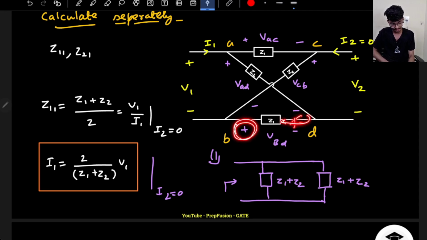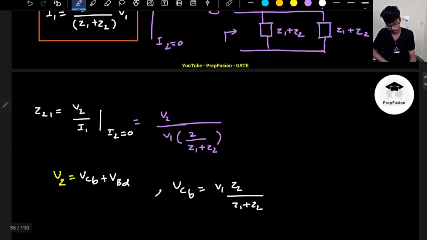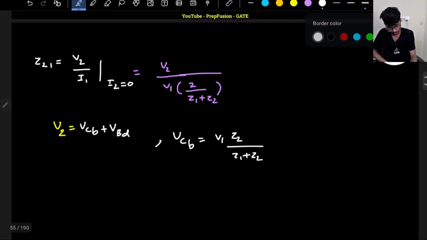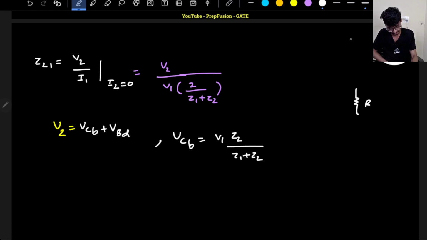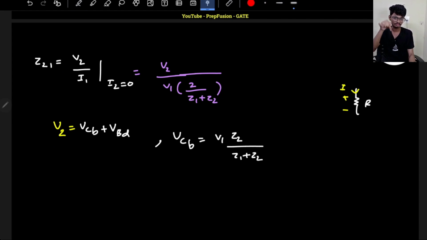Technically this should be the plus terminal, but I have assumed the other. So current is entering. For a resistor, how do you write the polarity? If I have a resistor R here, and current is incoming here, you write plus minus, because a resistor can only absorb power. So current should always be incoming to the positive terminal.